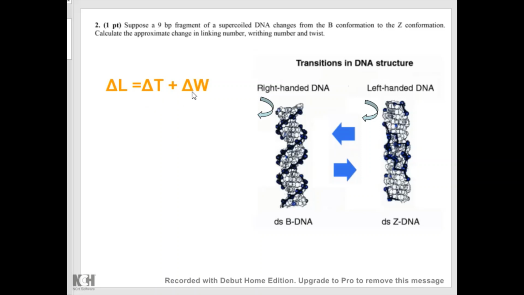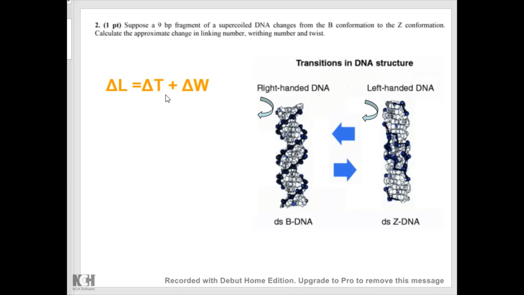Based on this formula and these relationships, we can find the 3 parameters, and we can start with the twist, because when we talk about a helical structure of DNA, that is a characteristic. That is what is characterized by the twist.